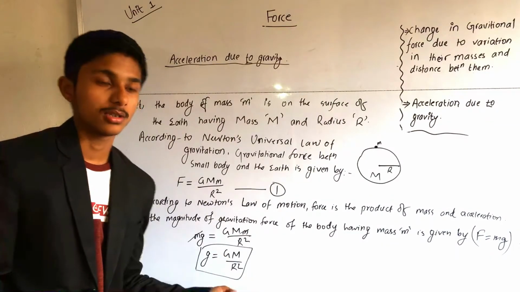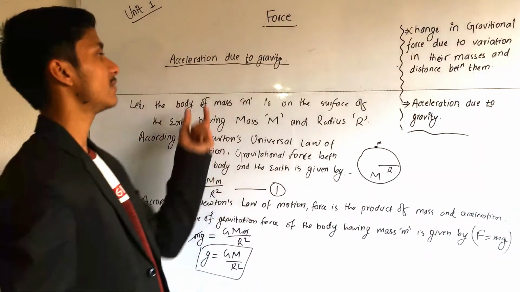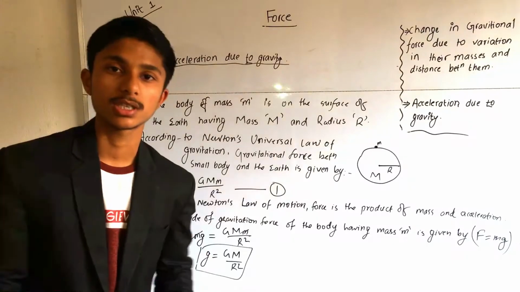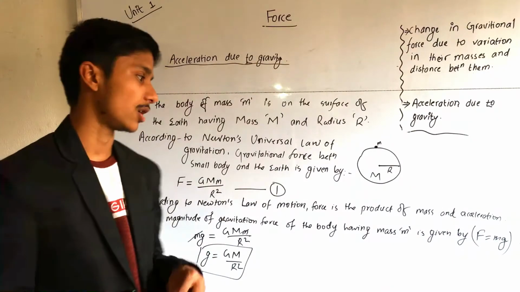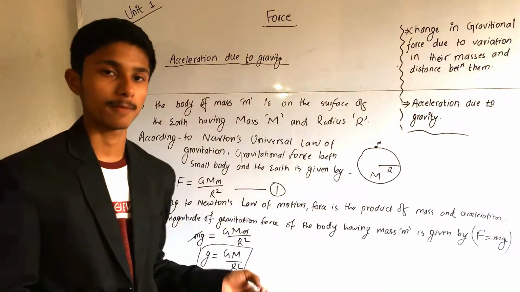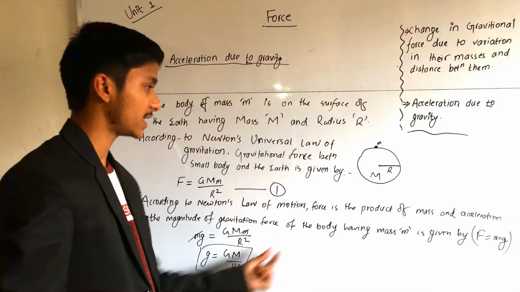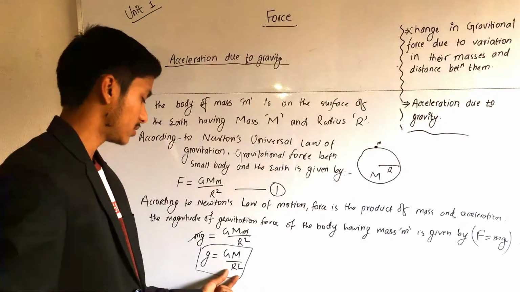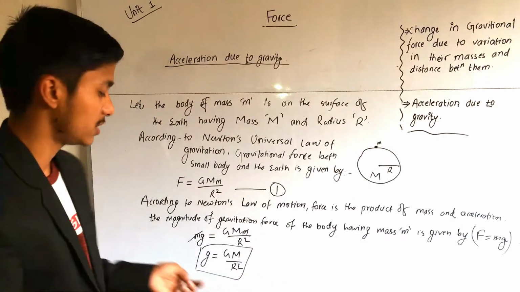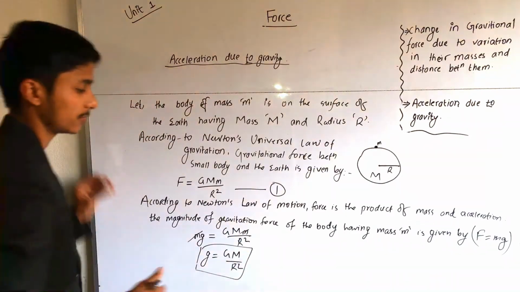It means the acceleration due to gravity is independent of the shape, size, mass of body. It only depends upon the mass of the heavenly body, that is earth, and the square of the radius of such body.